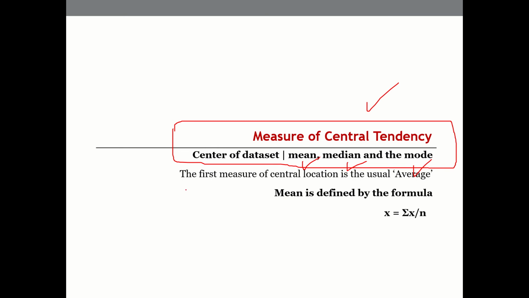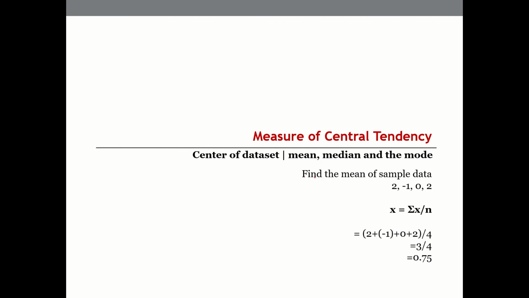What is mean? The first measure of central tendency is average or mean. The formula is summation of x by n. We'll do one small simple exercise as well. For example, find the mean of the data set 2, minus 1, 0, 2.